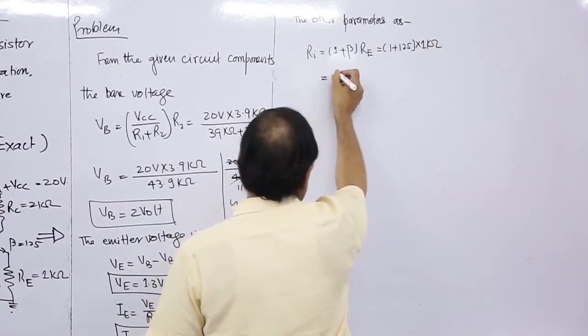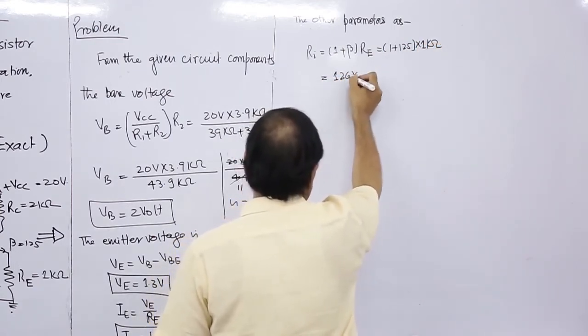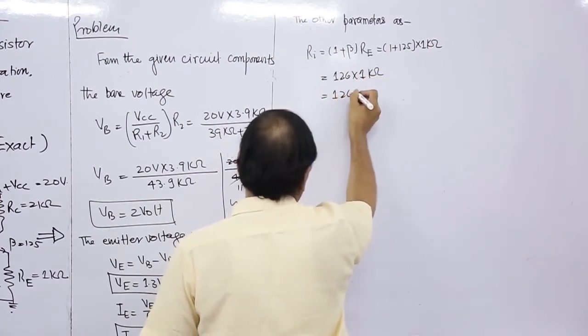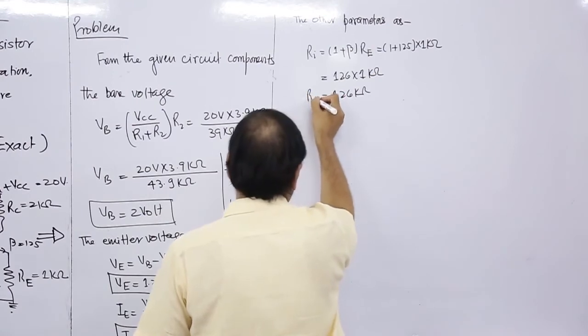So this is 126 into 1 kilo ohm, that is 126 kilo ohm. This is RI.